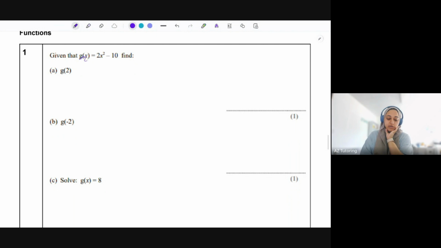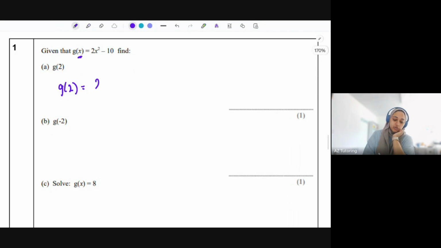So starting off simple, g of x equals 2x squared minus 10. Find g of 2. To find g of 2, all we're doing is substituting 2 in for x. So we get 2 times 2 squared, minus 10. 2 squared is 4. 4 times 2 is 8. 8 minus 10 is just minus 2.